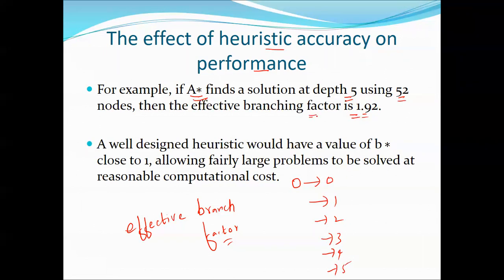To calculate the effective branching factor, n is the number of nodes the algorithm generated, and we take n to the power of 1 by d, where d is the depth. This will give the effective branching factor, not the branching factor. Branching factor is the maximum number of children a node can have, whereas the effective branching factor is calculated like this: n, the total number of nodes generated, to the power of 1 by d.